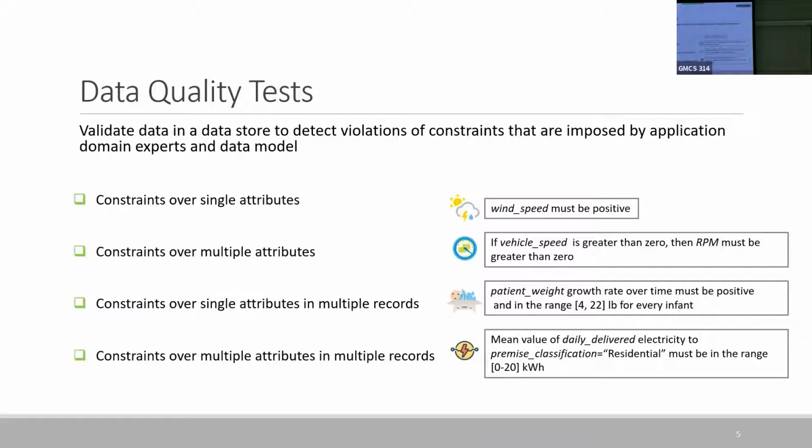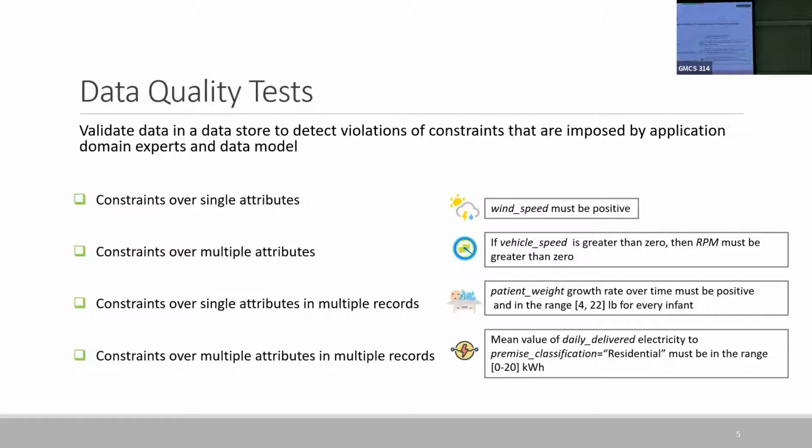You can see some examples of constraints that can be over different entities in a data storage. They can be defined against a single attribute or a single feature of your data. For example, if you have a climate data set, you say wind speed must be positive.